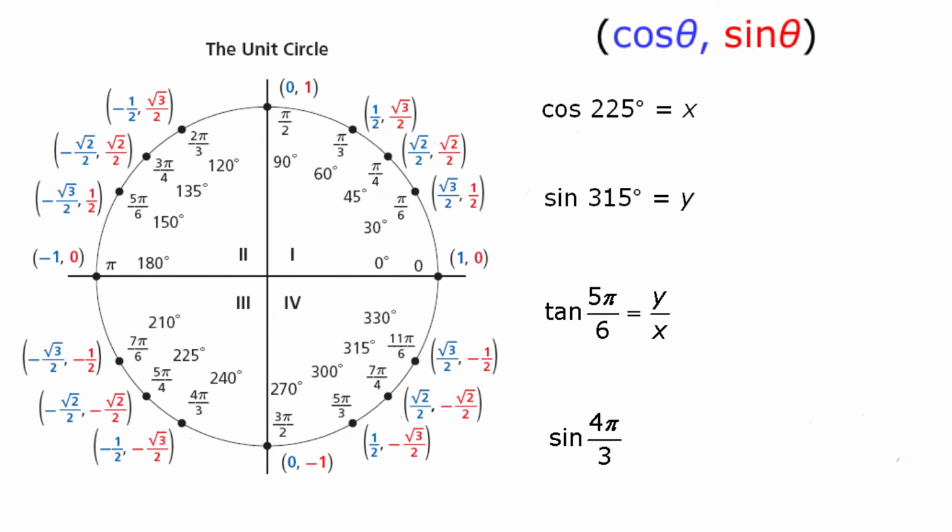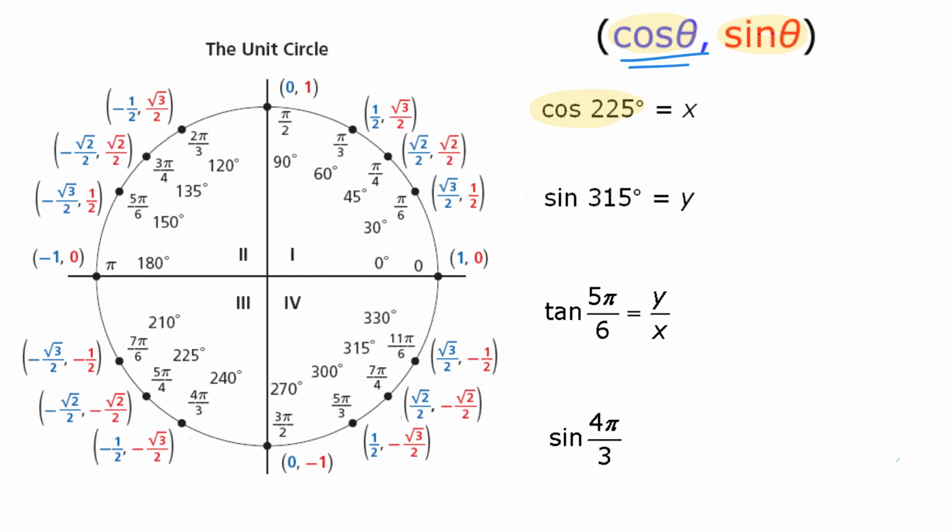The main thing you need to recognize is the cosine values are our x values and the sine values are our y values. So when I'm asked to find the cosine of 225, what I'm basically being asked is, what is the x value at the angle 225? So I'm going to go locate the angle 225.